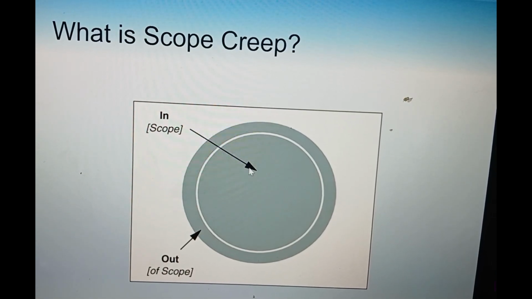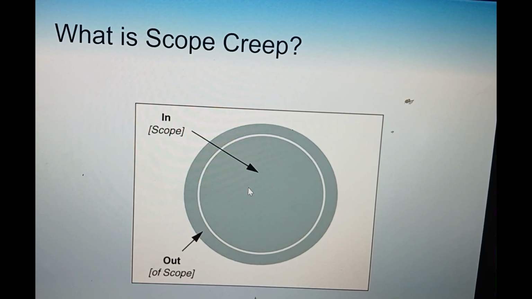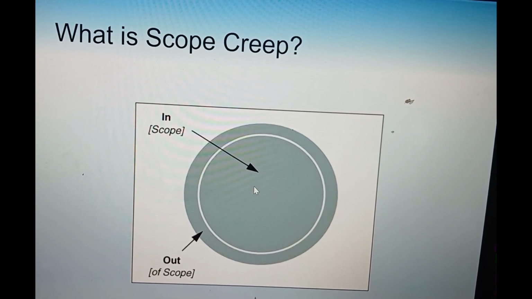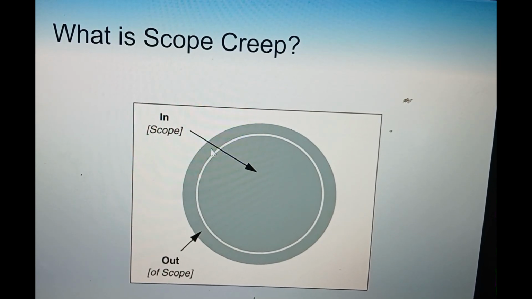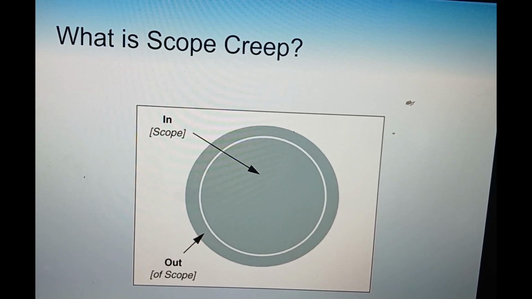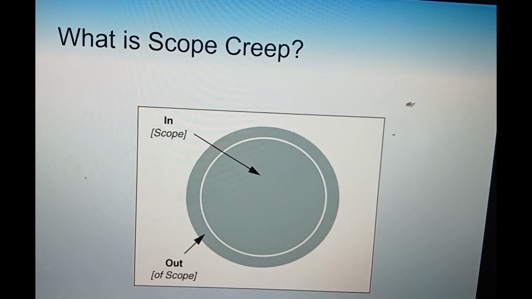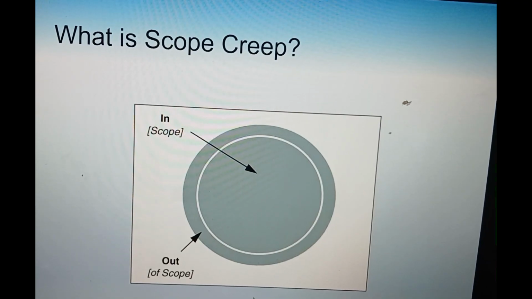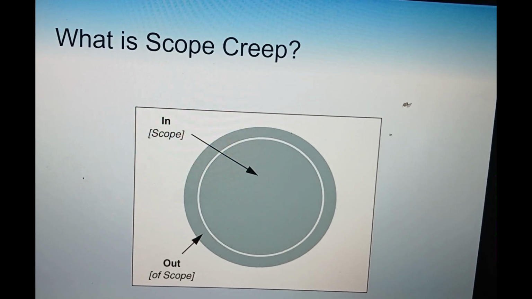The inner part is what is regarded as the scope, what is included in a project. And the outer part is what is outside the project scope. That is what we simply define as scope creep.